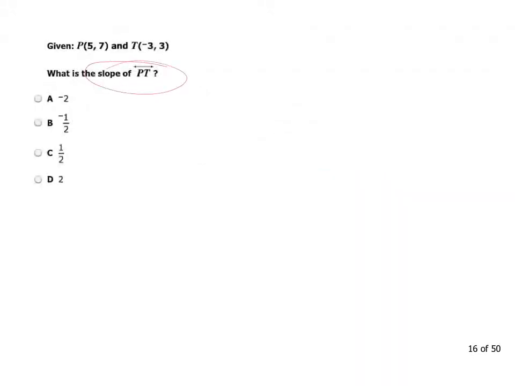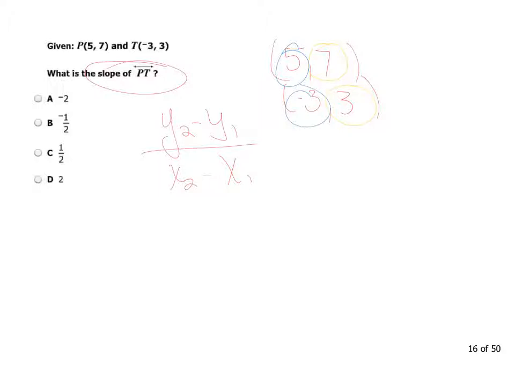This one, what is the slope? So you definitely need to know the slope formula. It's not given to you on the SOL. So here it is. We have (5, 7) and (-3, 3). So these are my y's. These are my x's.